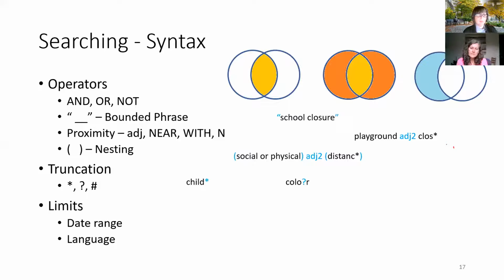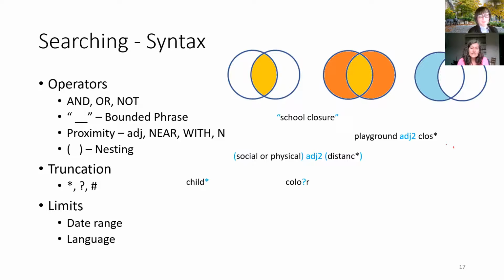The proximity searching, the example here is playground adjacent to close, with the asterisk, which would be closing, close, closure, and any other version of closing that could be identified. That's asking for those two words to be within two words of each other. So it's not necessarily a phrase, but it is an idea that you want to have connected.